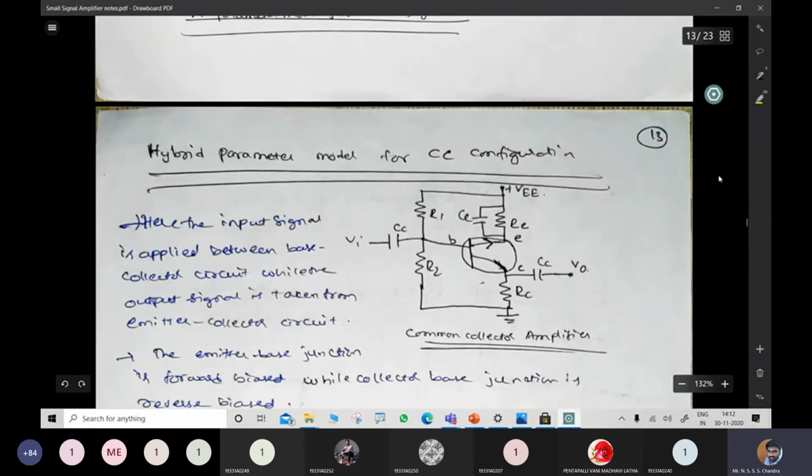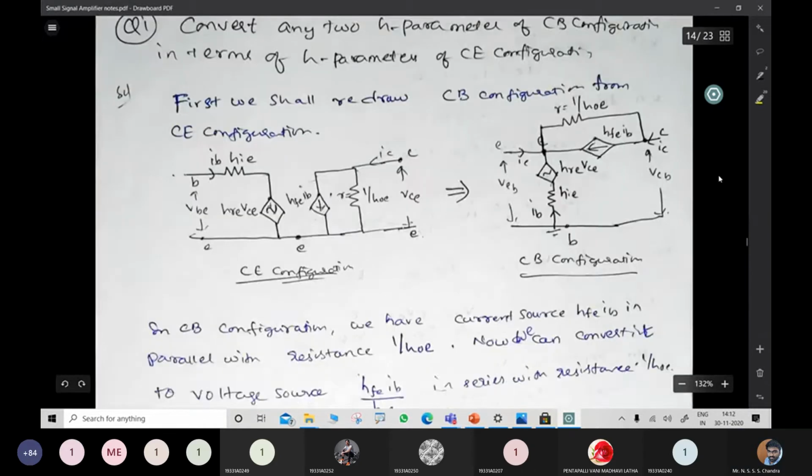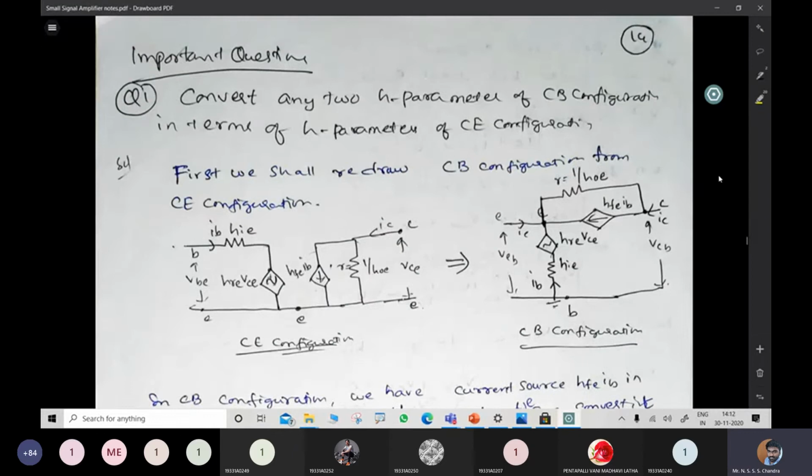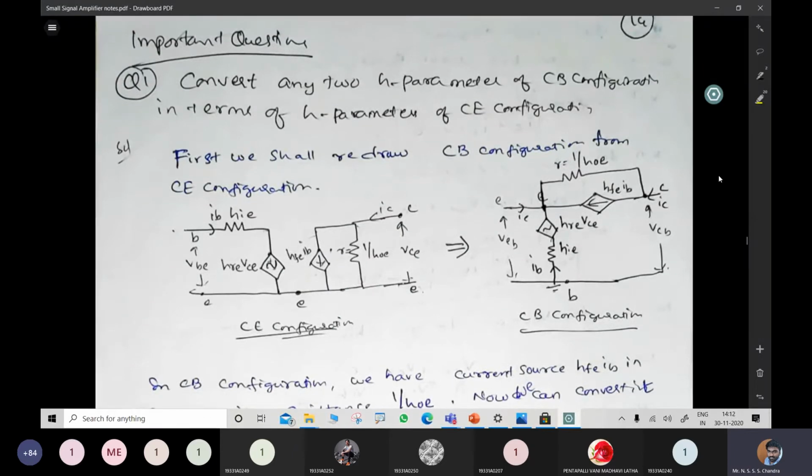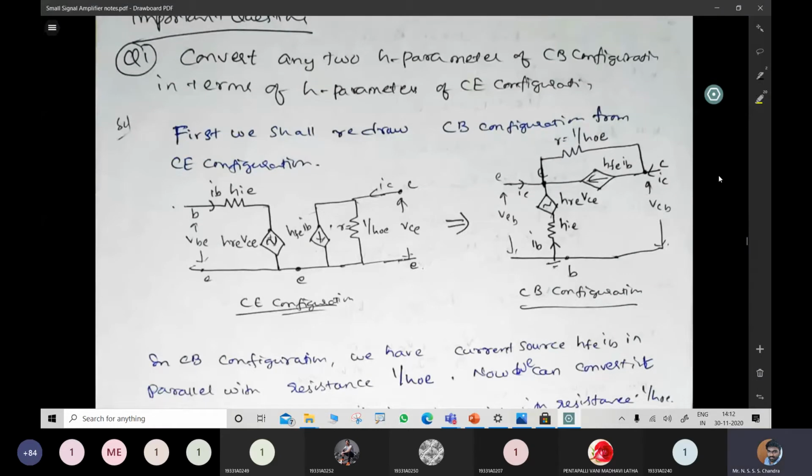I will be sharing the notes today in the canvas. Please read the question displayed on the screen. Are you able to see my screen or not? Please respond. Is my screen visible to you?